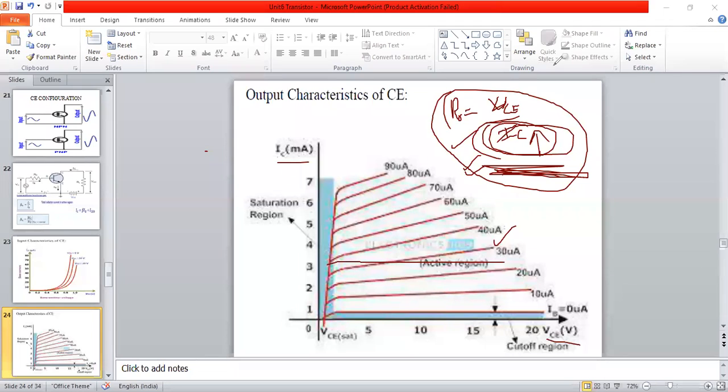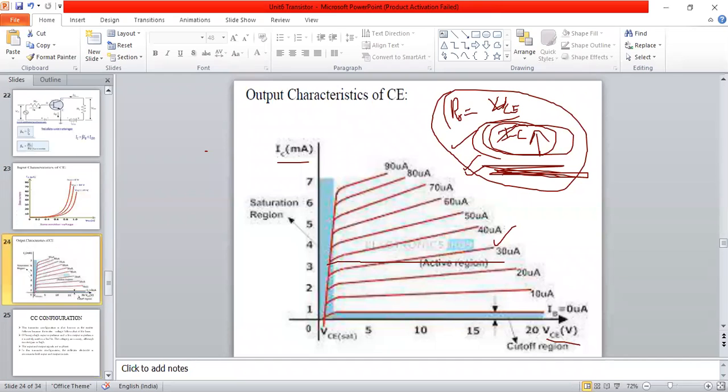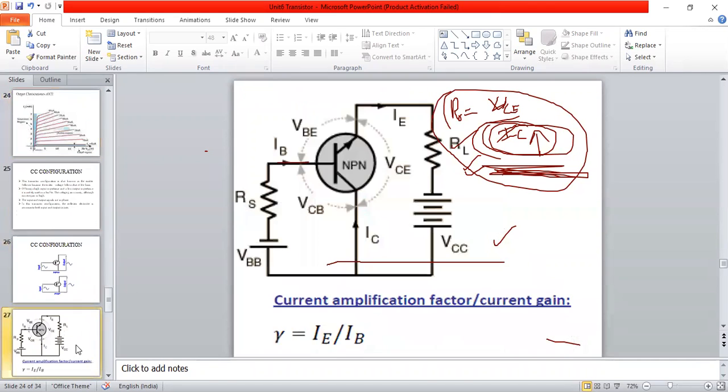Like this only, the common collector diagram will come here. Same like this one only. Only the base will become the same here. Input is base, but the emitter and collector terminals are reversed here.